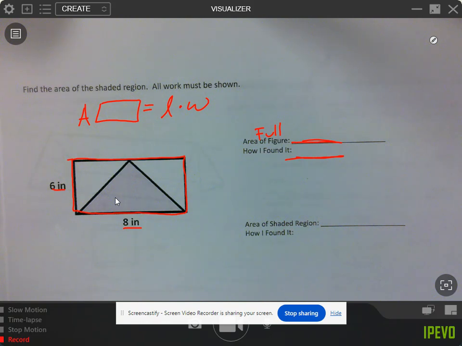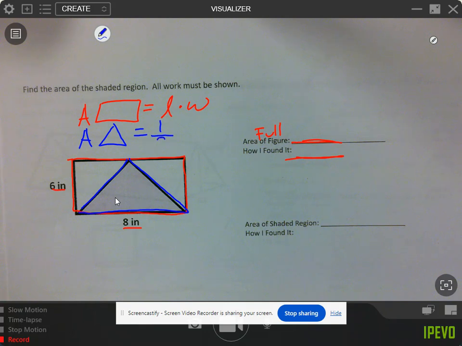Now we want the area of our shaded region. What shape is our shaded region? The triangle. How do we find the area of a triangle? No, we're talking triangles.